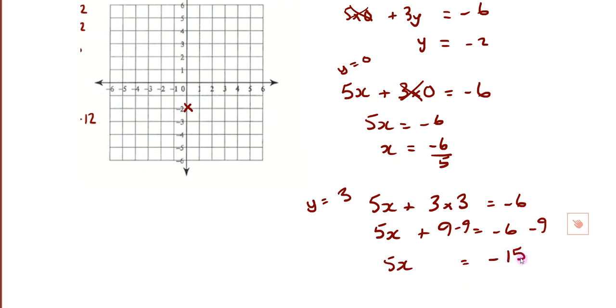Is that now a situation that's better? So x must be -3. So now we have a point. We said when y is 3, x must be -3. So -3, 3 is the other point.